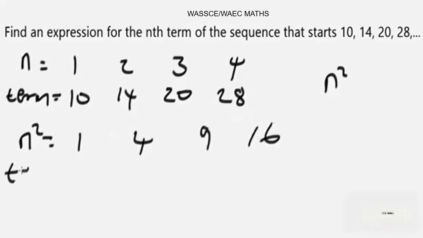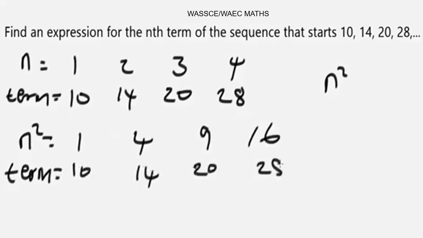The terms themselves are 10, 14, 20, and 28. Now, doing the basic subtraction: 10 minus 1 gives us 9, 14 minus 4 gives us 10, 20 minus 9 gives us 11, 28 minus 16 gives us 12.